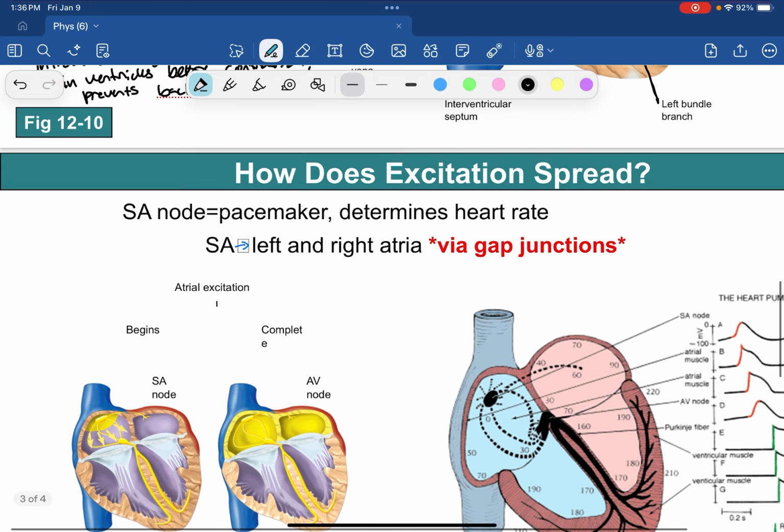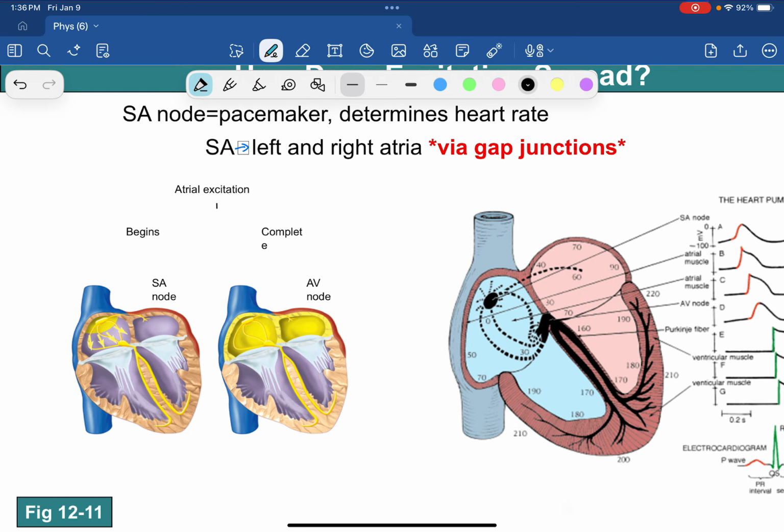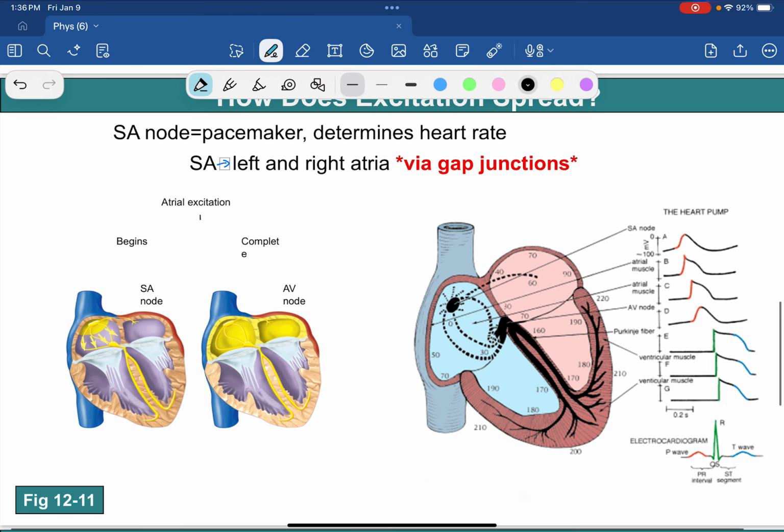Down here, we can see another view of the charge spreading throughout. We can see that it's highlighted right here, our SA node. It goes down to this AV node, and then it spreads down into our bundle branches. So that's important to note.